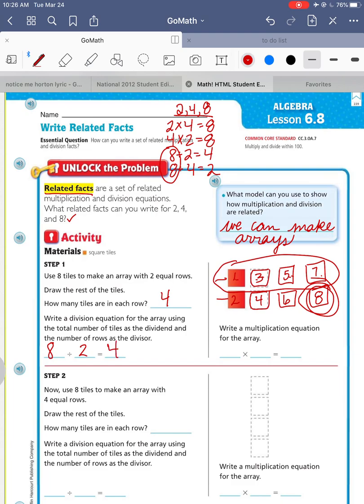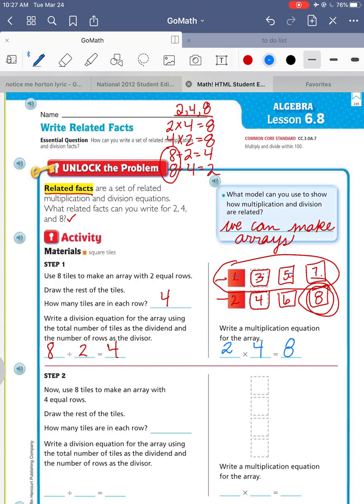We can also write a multiplication equation the same way that we used to when we did multiplication. So how many rows do we have? We have 2 rows times 1, 2, 3, 4 in each row means we have 8 total tiles. So it's basically the opposite.